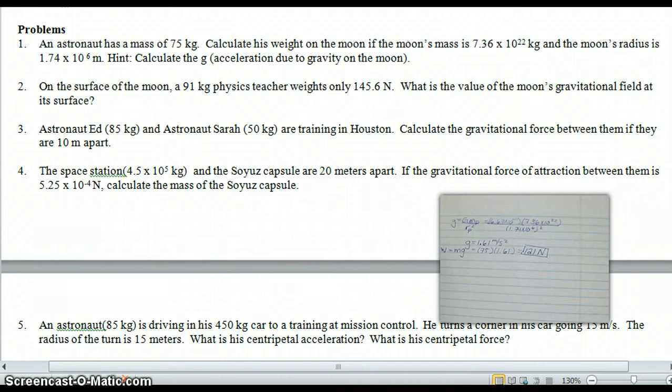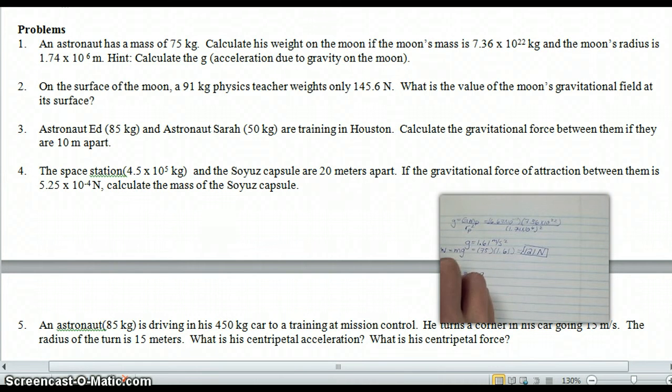That was question 1. Question 2 says, on the surface of the moon, a 91 kilogram physics teacher weighs only 145.6 newtons. What is the value of the moon's gravitational field at its surface? What it's really asking you is to find little g. So if you remember, if we take m times g, it's equal to our weight.